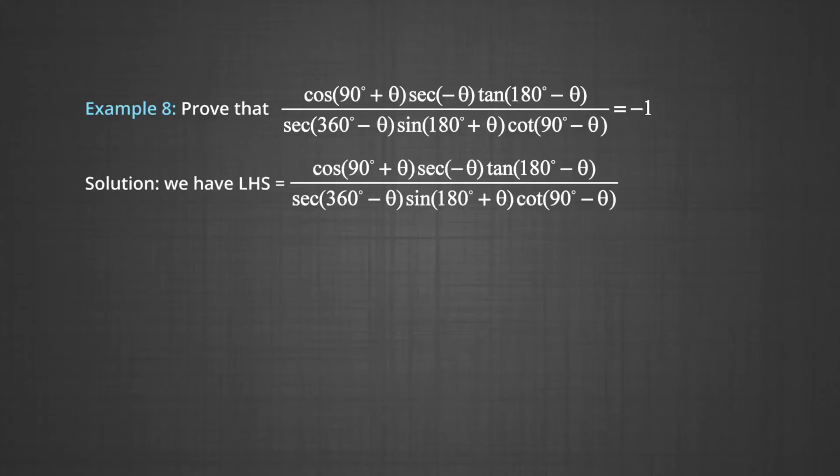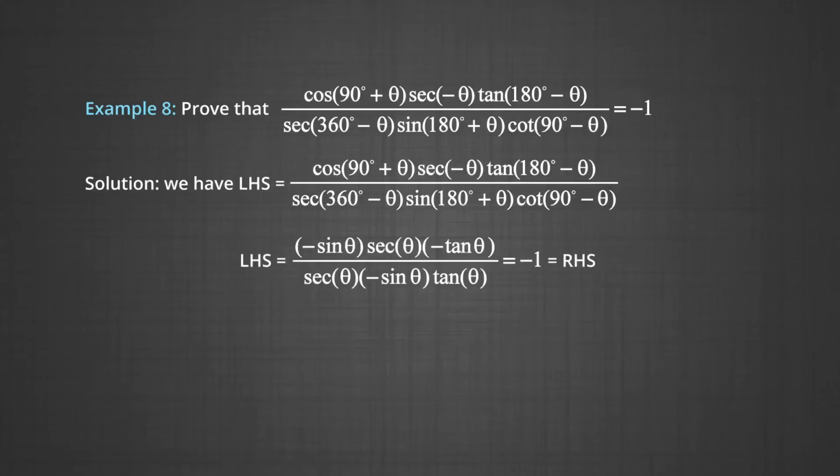We have left hand side is equal to cos of 90 plus theta sec of minus theta tan of 180 minus theta divided by sec of 360 minus theta sine of 180 plus theta cot of 90 minus theta, which is equal to minus sine theta into sec theta into minus tan theta divided by sec theta minus sine theta tan theta, which on cancellation gives the value as minus 1, which is the right hand side.